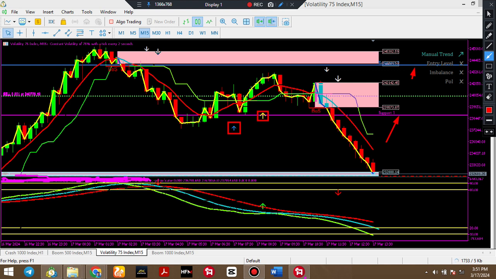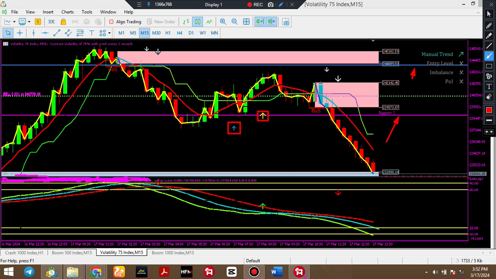While for the support, if price crosses the support above, then when it's coming back to touch it, it becomes a resistance. While when it crosses below and it's trying to hit it from the bottom, it becomes a support.